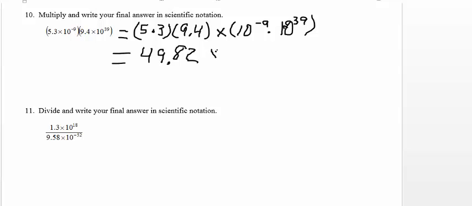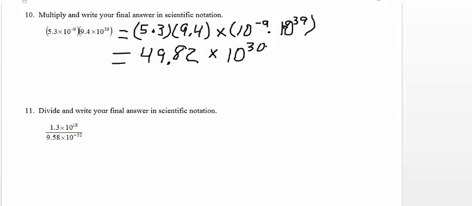And then when we multiply 10 to the negative 9 times 10 to the 30th, the power that goes on 10 is negative 9 plus 30, which is 21. Now we want the answer to be in scientific notation.